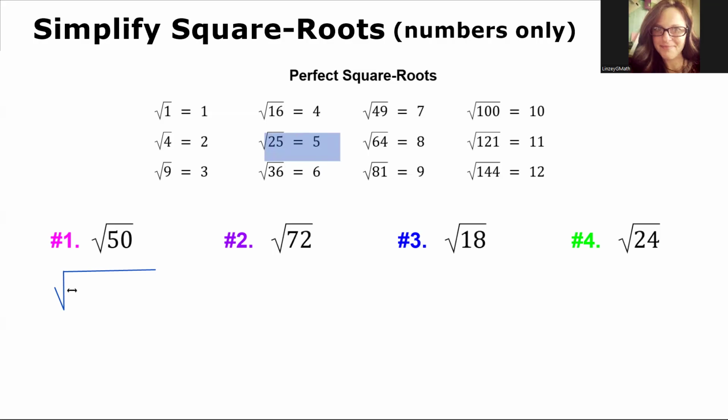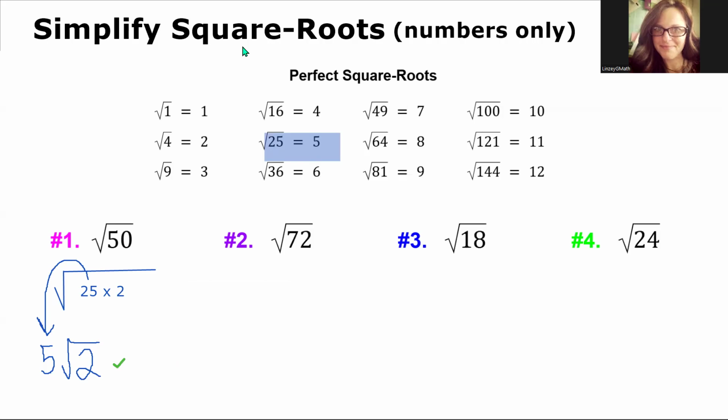So we can rewrite 50 as 25 times 2. 25 is a perfect square. We can take the square root of 25 out from underneath the square root, and we get 5. The 2 needs to stay under the square root. And this is our final answer. 5 square root of 2 is equal to the square root of 50.